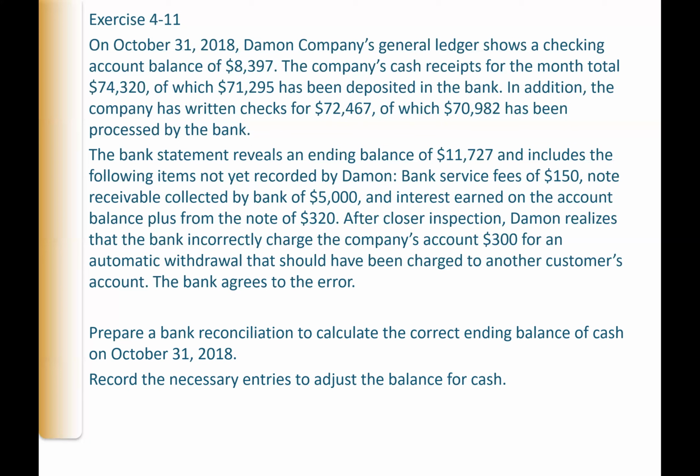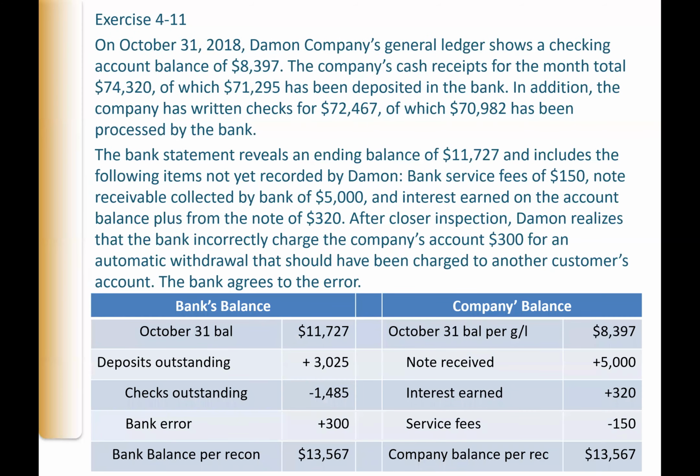Prepare a bank reconciliation. So again, we begin with the bank's balance and then the company's balance. So we see the bank's balance of $11,727 shown here. The company's balance, $8,397, as shown right here.